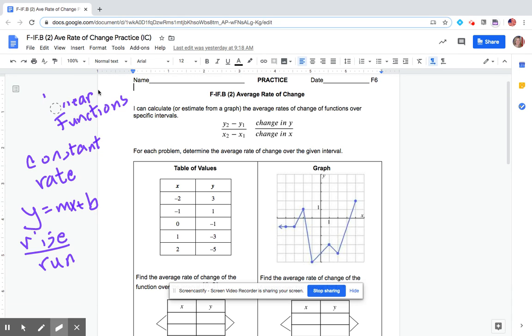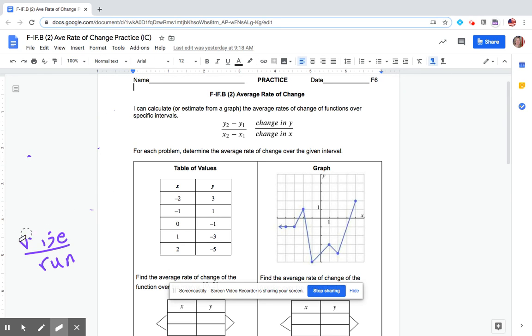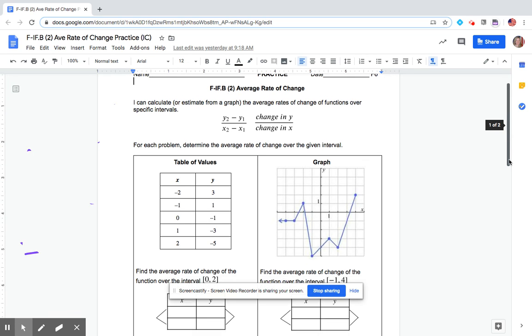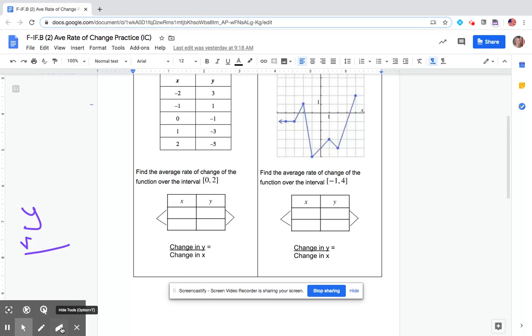So we're going to start by looking at the formula that's given up at the top. Change in y over change in x. And we're given a table of values to start with. We have x's and we have y's. And we're asked to find the average rate of change of this particular function over the interval 0 to 2.